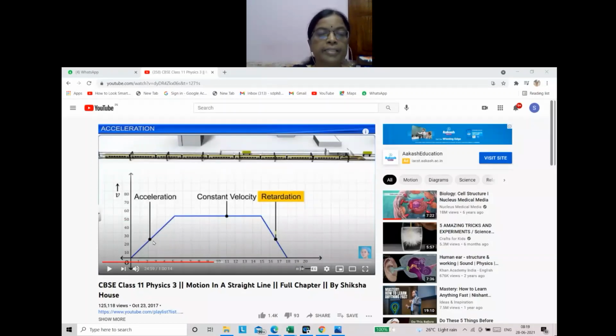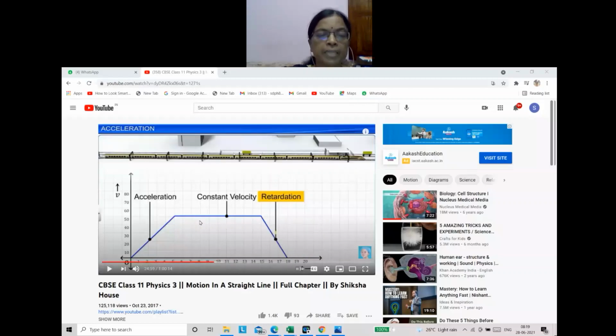So here we can see a straight line inclined to the time axis. That is, velocity is increasing with time. And then it moves with a constant velocity for a certain time interval, no change in velocity. Then it decreases and becomes zero.